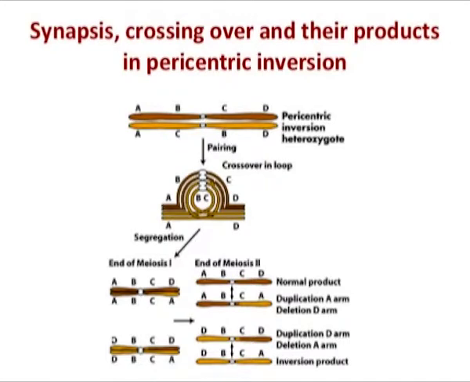The effect of crossing over in an individual heterozygous for a pericentric inversion is shown in the figure. Of the 4 chromosomes resulting from the meiotic divisions, 2 form viable gametes with the non-recombinant chromosomes, A, B, C, D normal and A, C, B, D inversion, and 2 recombinant gametes are unviable, each as a result of the deletion of some genes and the duplication of other genes.